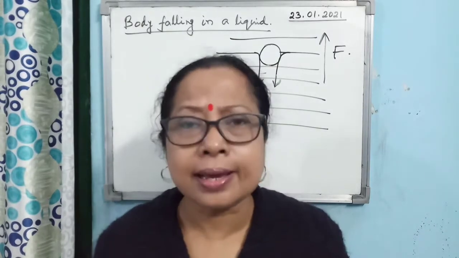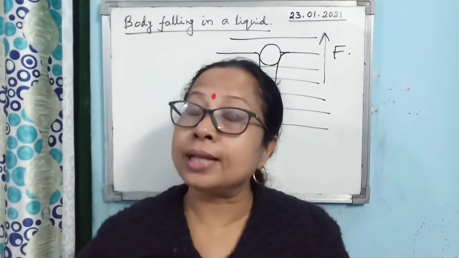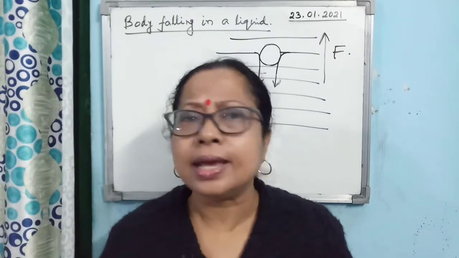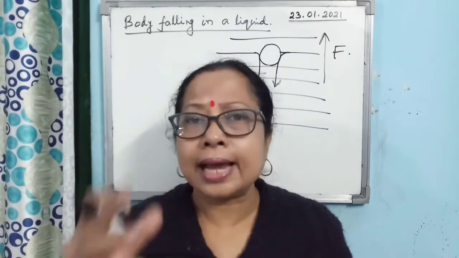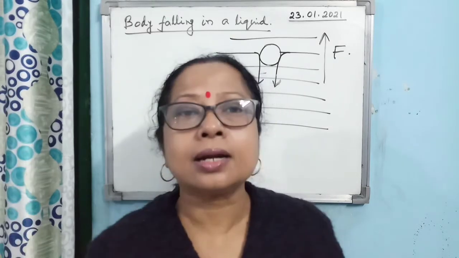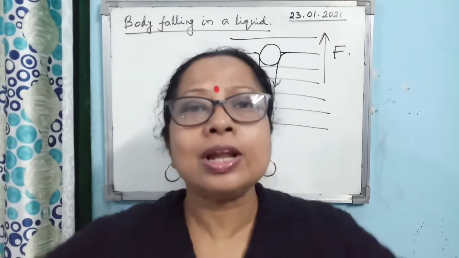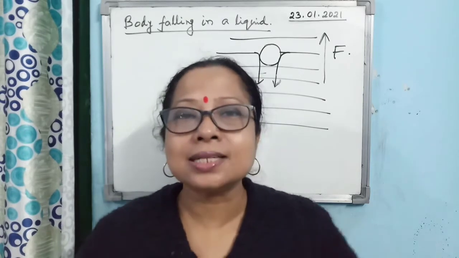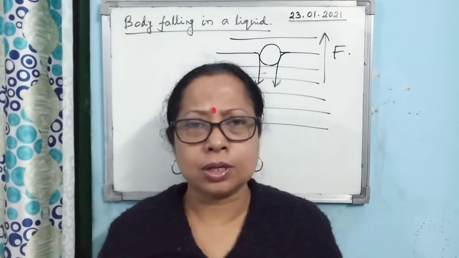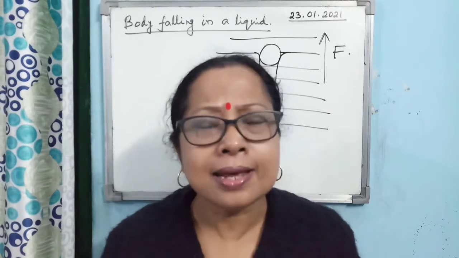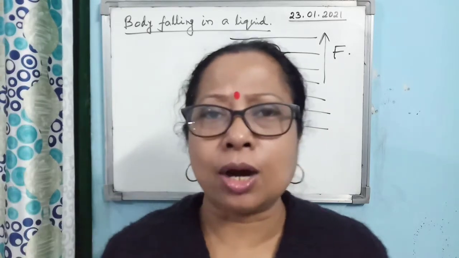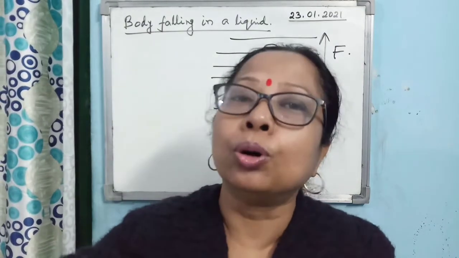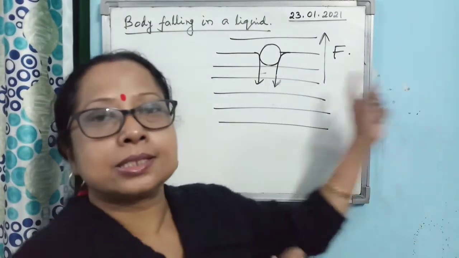Then the raindrop should strike the ground with a large velocity. As a result, explosion may occur, and steam will be produced. But have you ever seen that happen? No. Why?